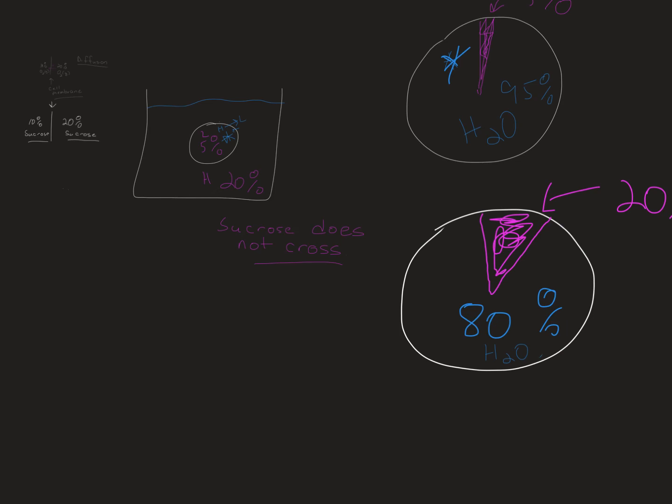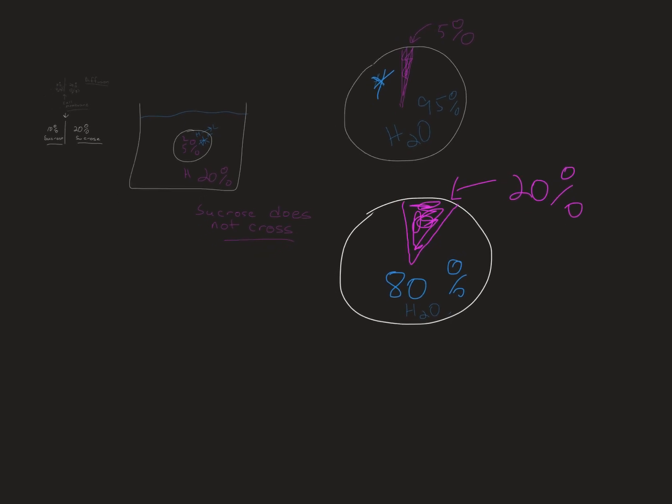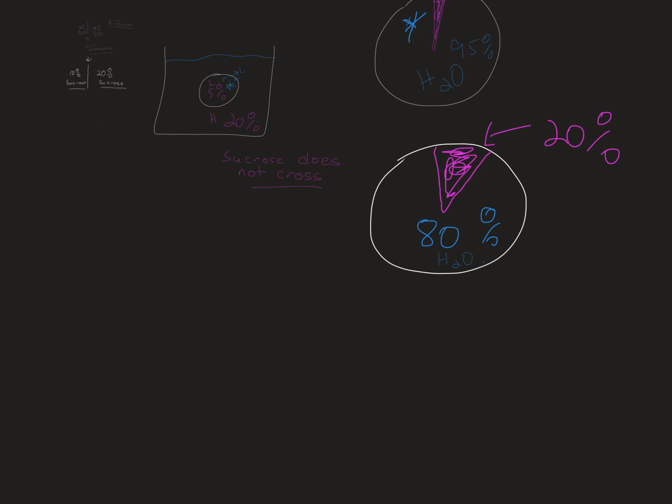I'm going to summarize all this in just a second, but I need you to try to understand it so that you don't get confused, because this is where everybody gets confused and they get wrong answers, and it's sad because it's really easy points. So high to low, 20%, 5%, that's what we're talking about. By the way, this movement of water, the diffusion of water, is also known as osmosis.